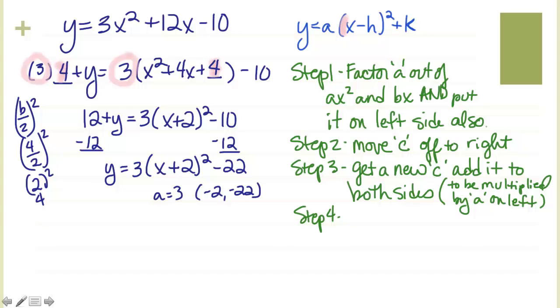Step 4, on the left we multiplied, on the right we factored. And that, again, on that left multiply, that's only if we had an a that wasn't 1. On the right, we'll always have to factor.